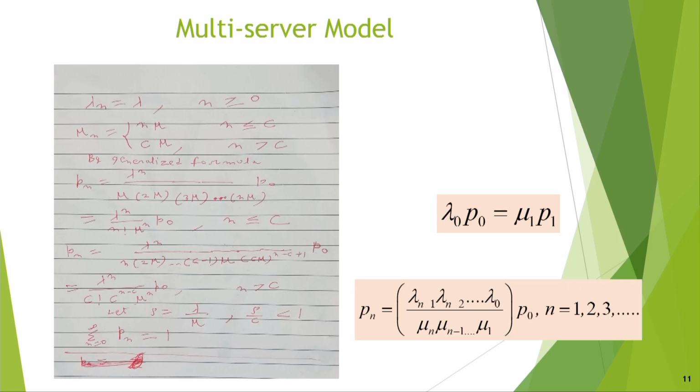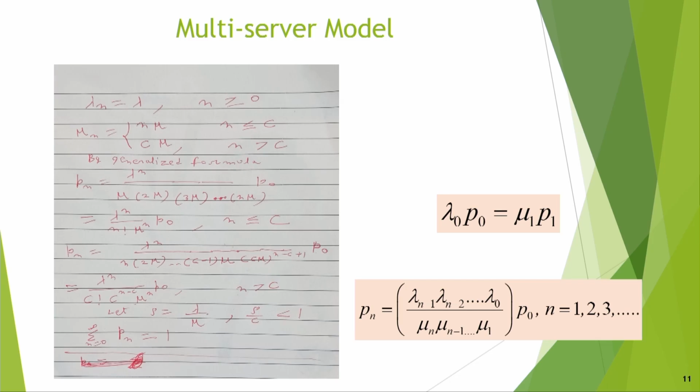If we take a general case and say arrival is system dependent, that means we have lambda n, so the arrival rate is dependent on the system, for n greater or equal to 0, and mu n is the service rate, which is also variable. Let us say service for one server is mu.